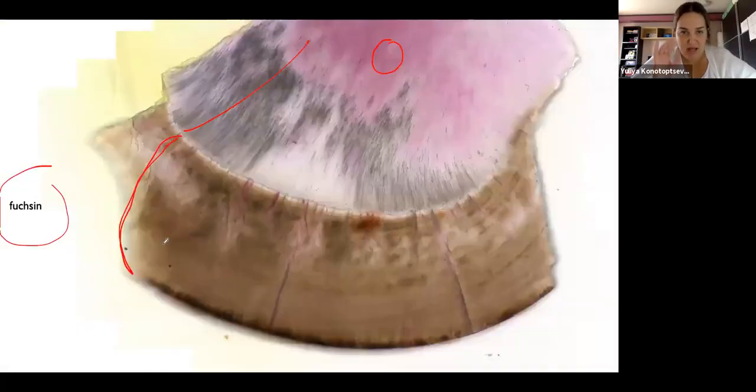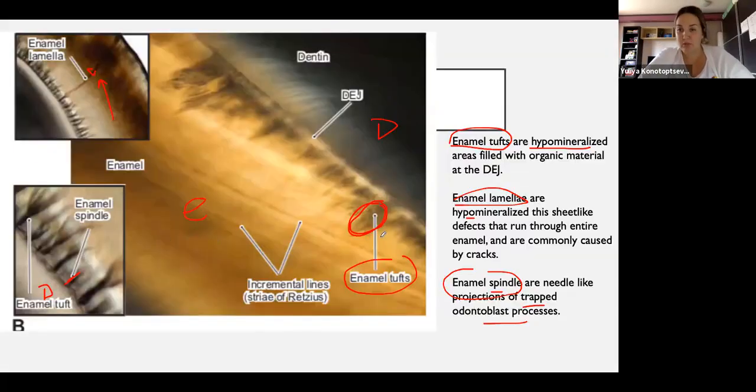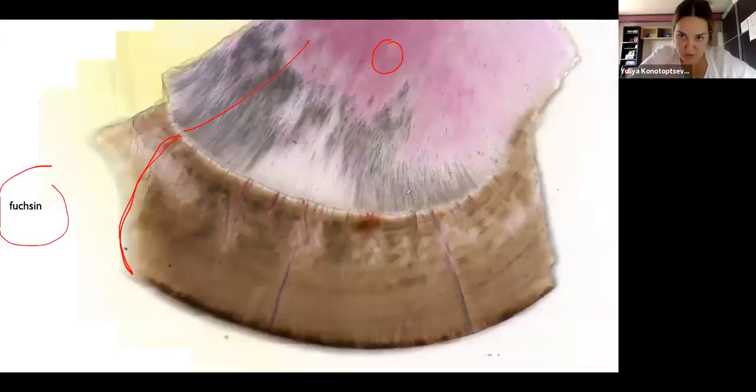Immediately, if we look at the slide, I will show you where the enamel spindles are, where the trapped odontoblastic processes are. This is one. Do you see? It's a very nicely visible black line. This black line is not a hypomineralized area. This is a trapped odontoblastic process. And here we have two more.